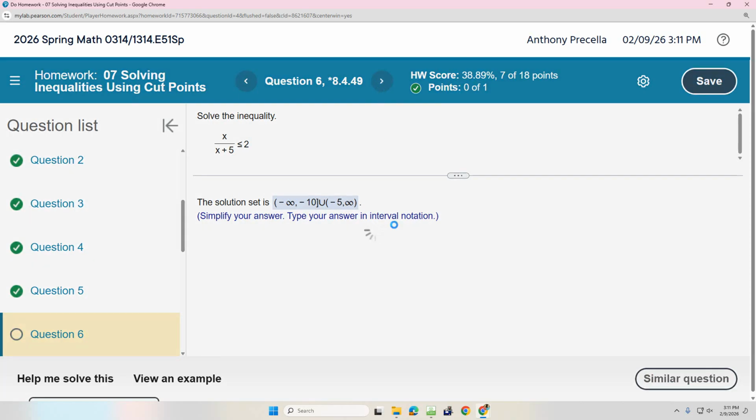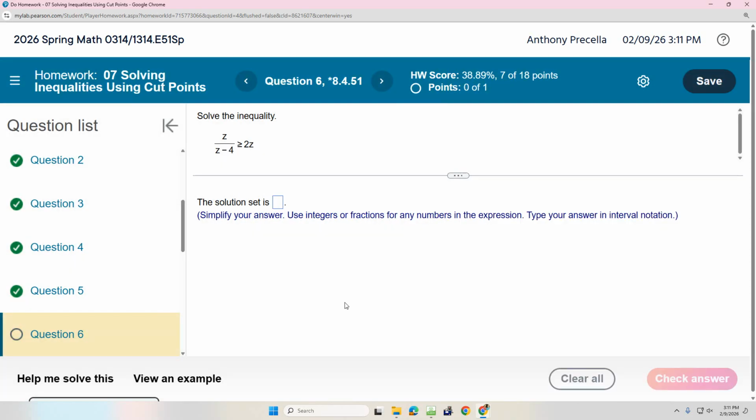5, 6. You doing 6 now? Mm-hmm. Oh, this is a good one. This is going to have more than 2 cut points here. And I think we might have an opportunity to factor something that we haven't factored yet. We'll see.